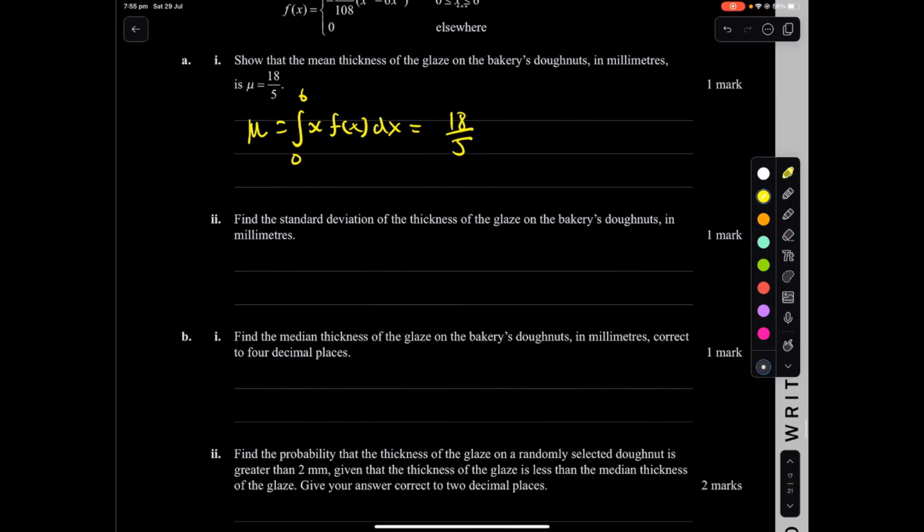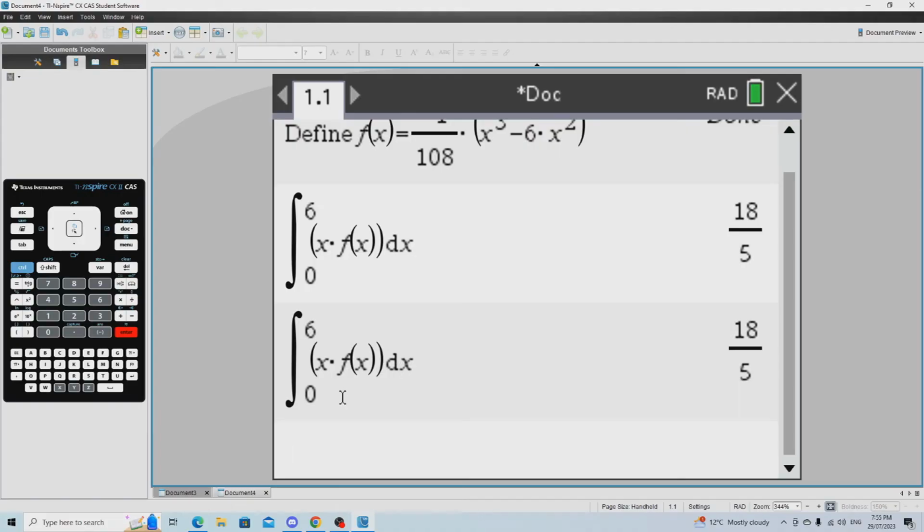Next question. Find the standard deviation of the thickness of the glazed donut. Okay, so we note that the variance is the integral from 0 to 6 of x minus your mean value squared times f of x dx. And we can take the square root of it.